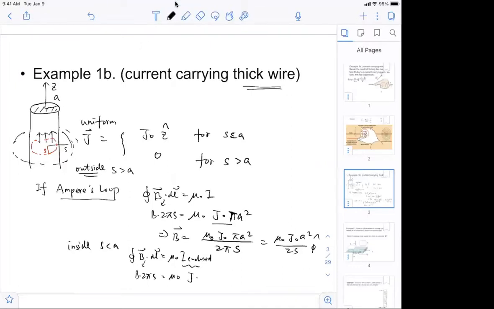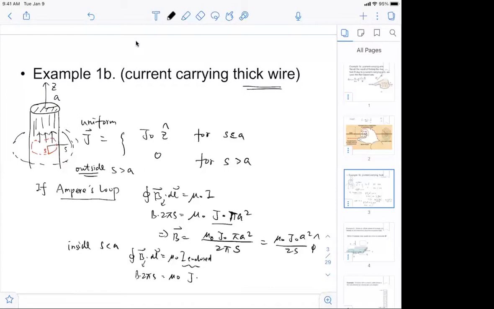What is the current enclosed if I draw my Ampere loop inside? What do you guys think? Would the current enclosed be 0? So it's on the surface, or? This is a volume density, which means throughout this volume you have current flowing all the way through. I get a chat.